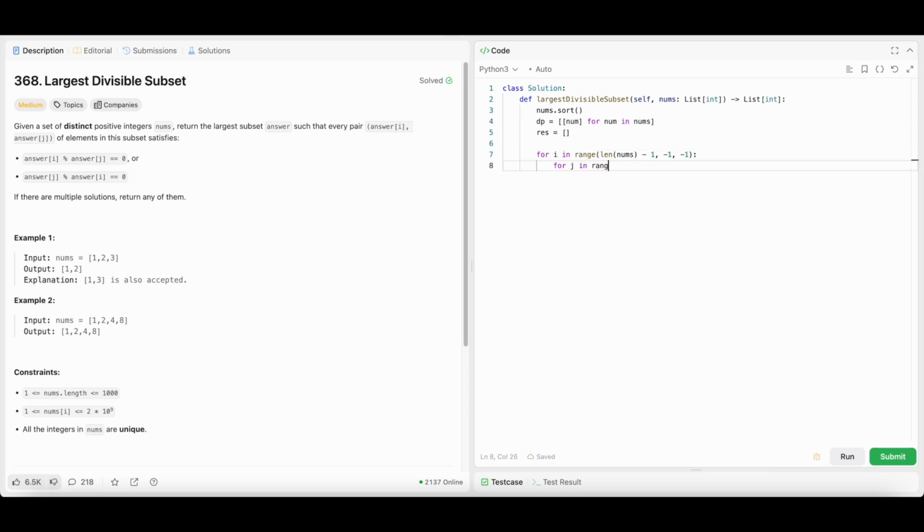And now we will loop j in range i plus 1 to the length of nums. So basically for each element, we will look at every element to the right of it. That's why it's n squared. So if nums of j can divide by nums of i, so if it has a remainder of 0, then we will set a temporary array to nums of i plus dp of j.